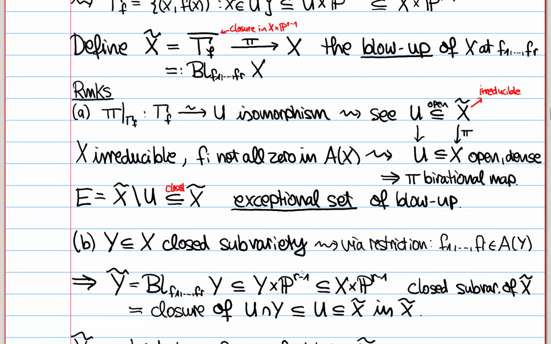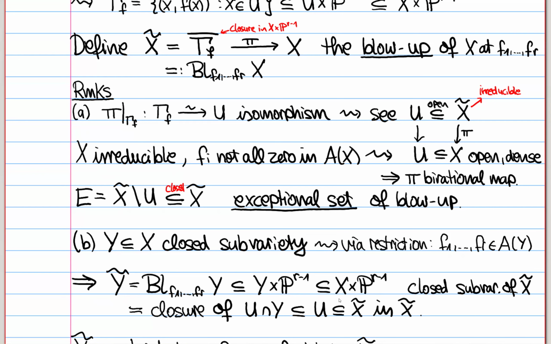By definition, it sits inside y cross P^(r-1). And since y is closed in X, this sits inside X cross P^(r-1). So we see that y tilde automatically is first of all closed in here.